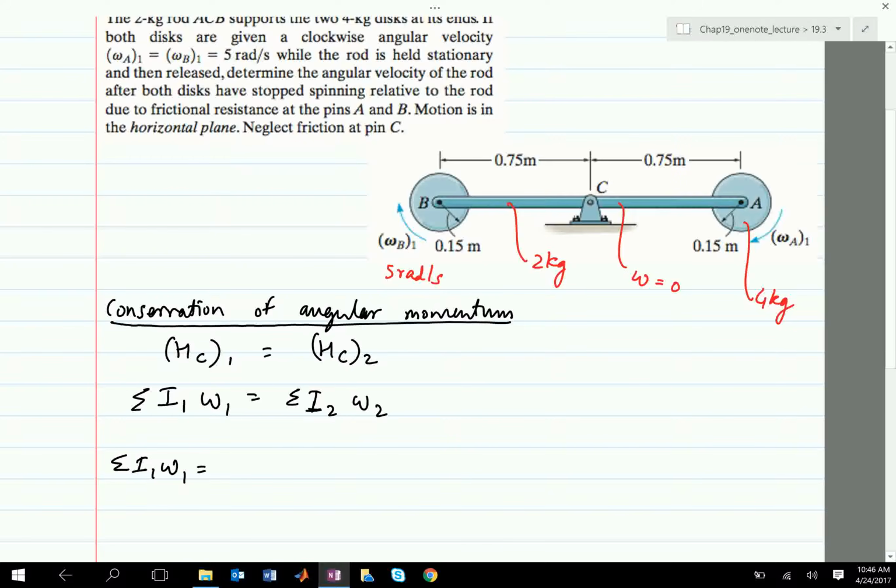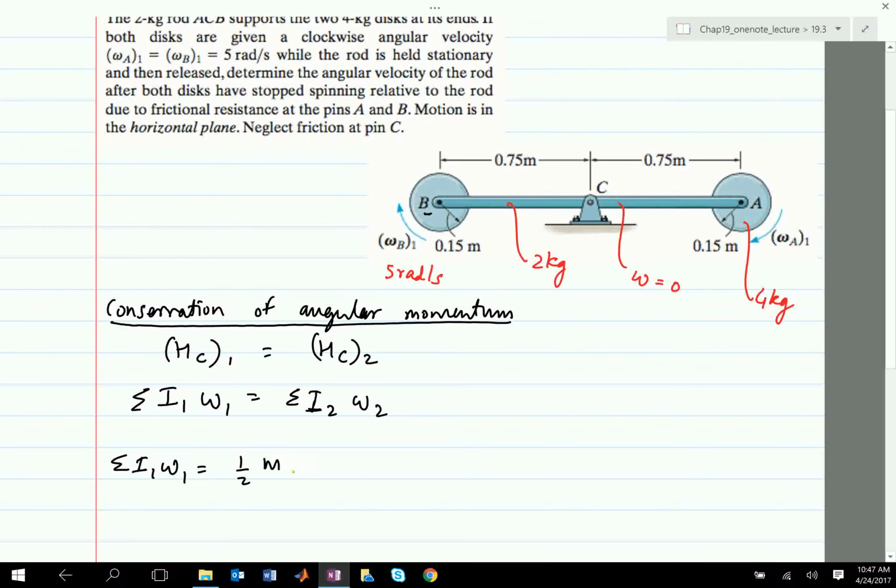The rod ABC is stationary. It's only the disks which are spinning. The inertia of a disk is half m r square times omega, let me call it m_a r_a square. Oh, sorry, looks like it's b and a.